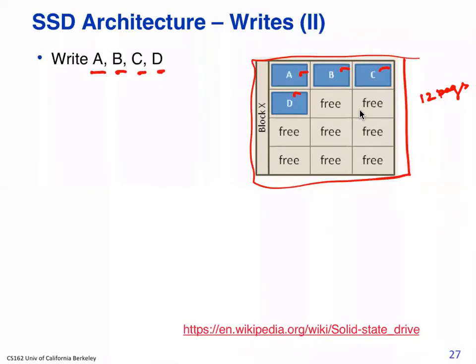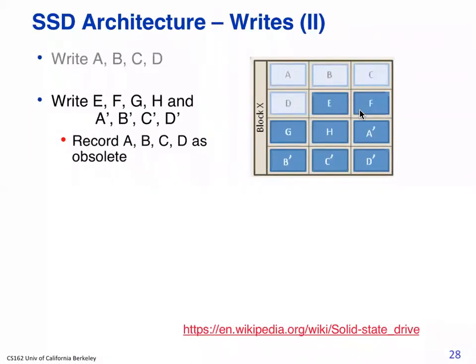So remaining are free now. Simple. And now the data comes: E, F, G, H, A dash, B dash, C dash, D dash. So now enough space is available, so the corresponding data can come here.